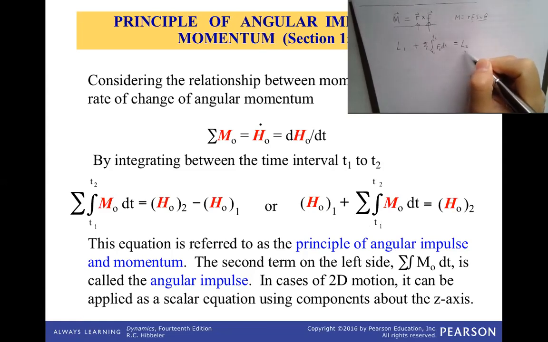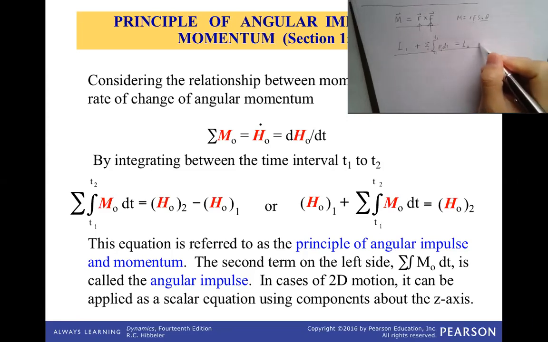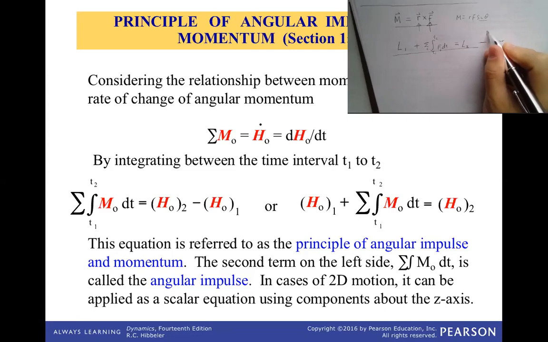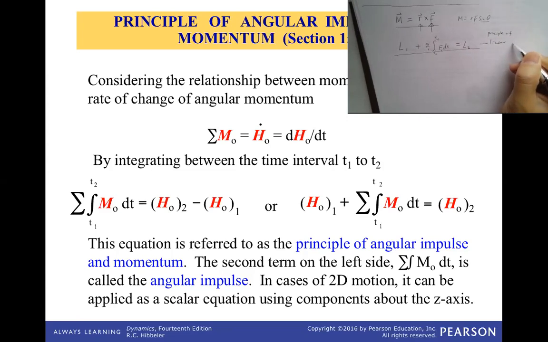That was the linear principle of impulse and momentum, and this one is angular. So this equation is the principle of angular impulse and momentum.